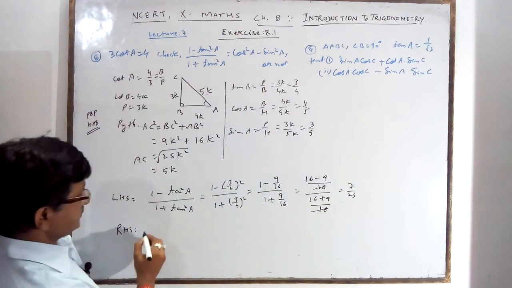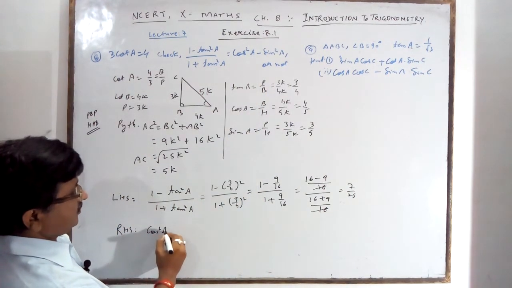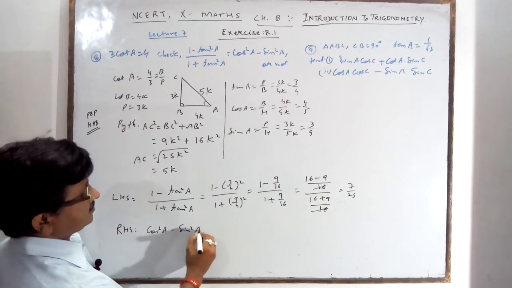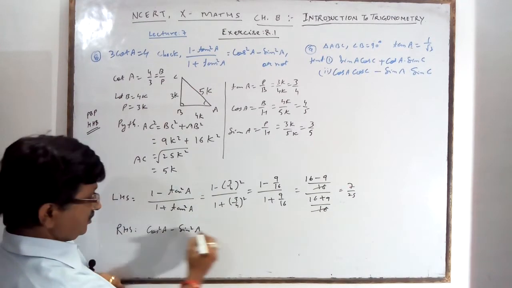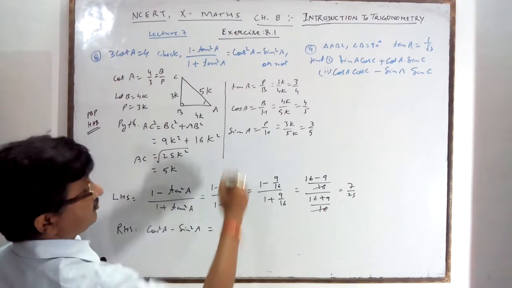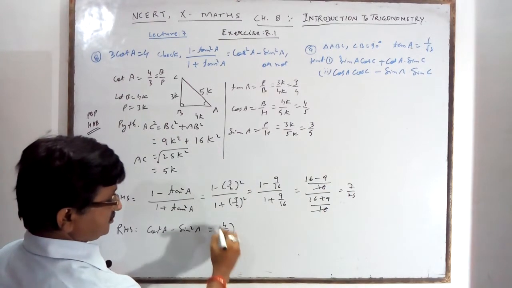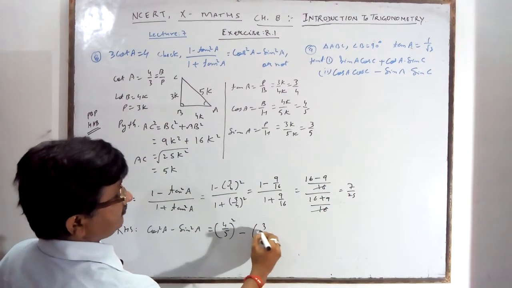What is the RHS? Right hand side. Cos square A minus sin square A. What will you get? Put the values. What is cos square A? (4 upon 5) square minus (3 by 5) square.